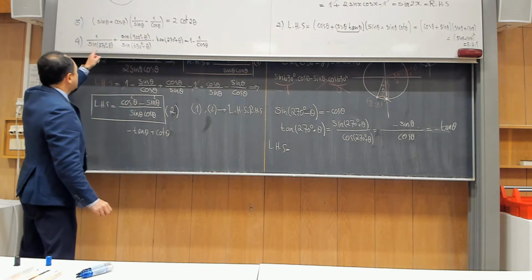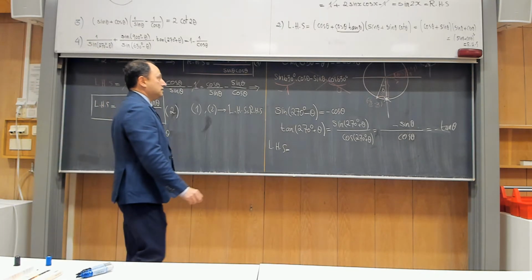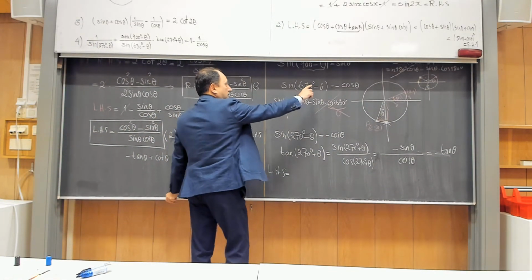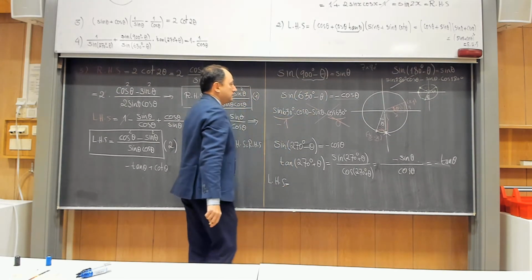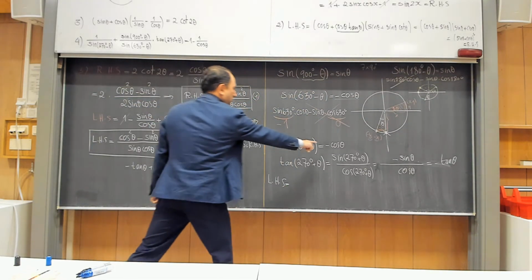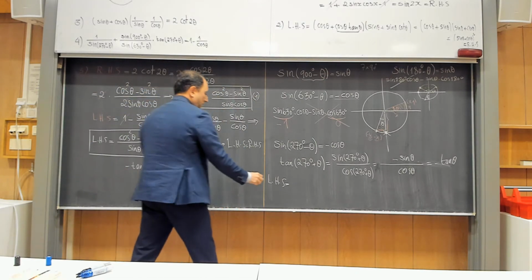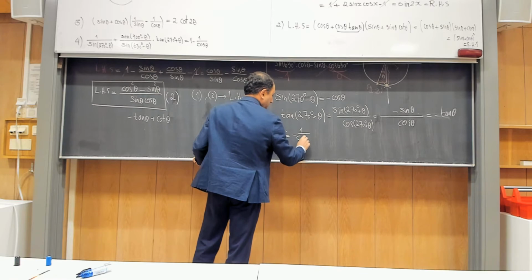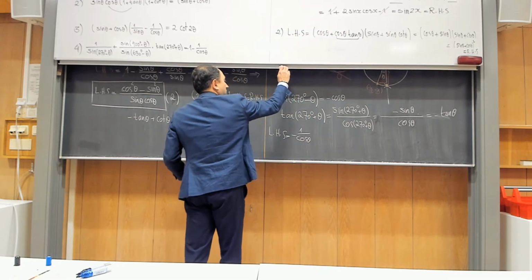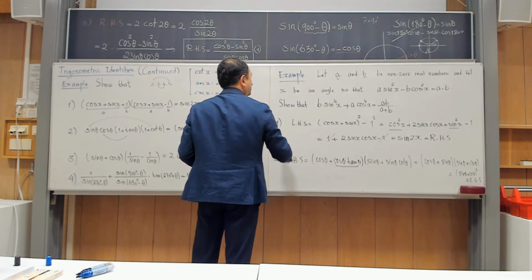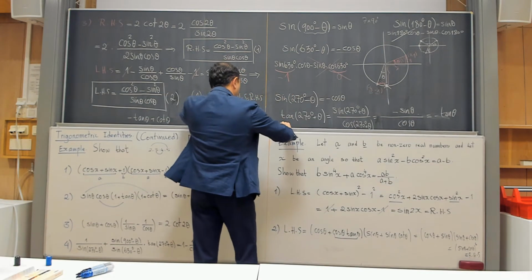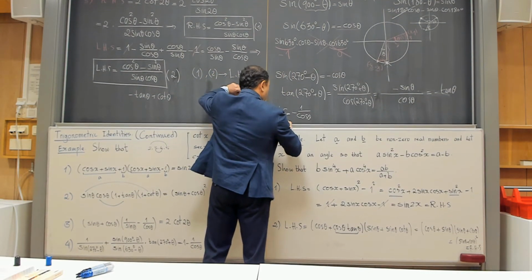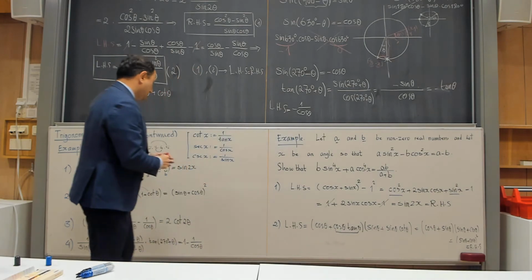Instead of 1 over sine of 270 minus theta, what is that one? It's minus cosine theta. So it becomes minus 1 over cosine theta.